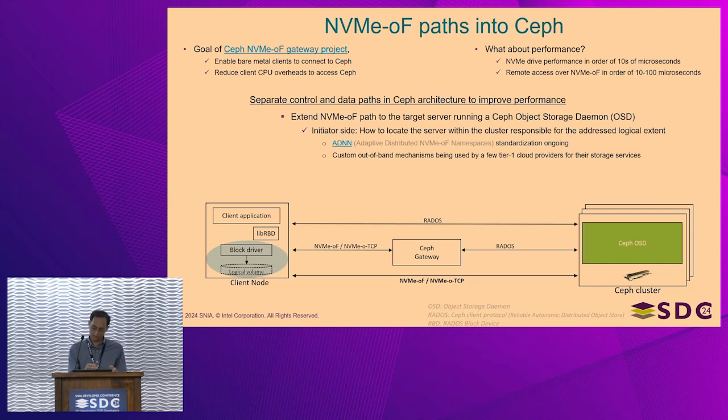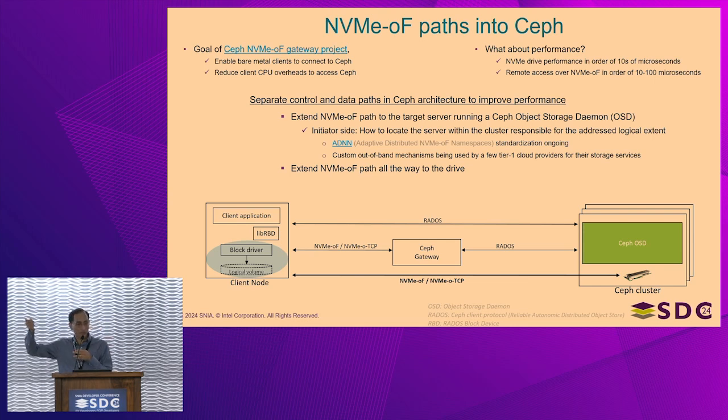So we've gone with, for our software proof of concept, using ADNN. That gets us from the client to the backend storage server, but we want to go all the way to the drive, right? Because if you just get there and then throw it back to the SDS stack, then you incur the same overheads again. So that's not where we want to land.